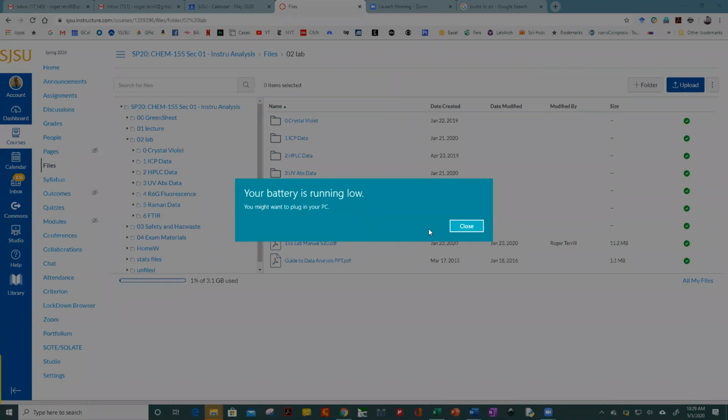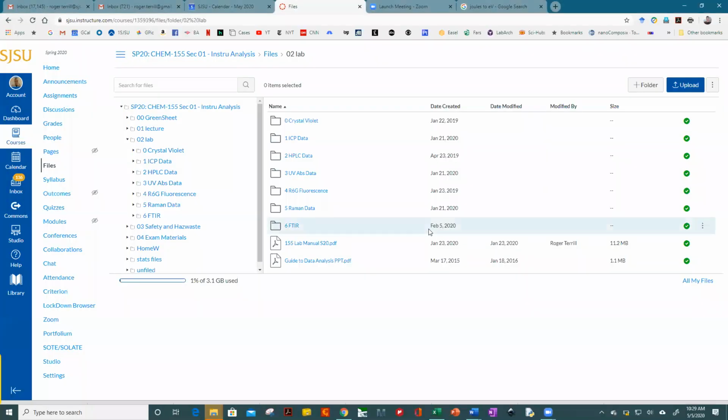Trust me, I do. But how can I plug it in? I think I know what's going on here. I plugged it into my phone charger. That's not going to help, is it? There we go. Yay. Let's see.